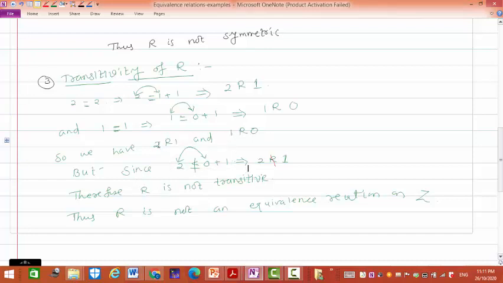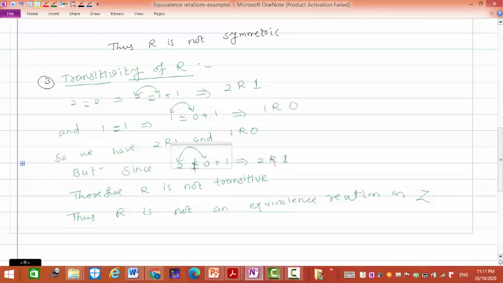But see here, 2 and 0 are not related to each other. 2 is related to 1 and 1 is related to 0. Why are 2 and 0 not related? Because 2 is not less than or equal to 0 plus 1; 2 is strictly greater than 1.